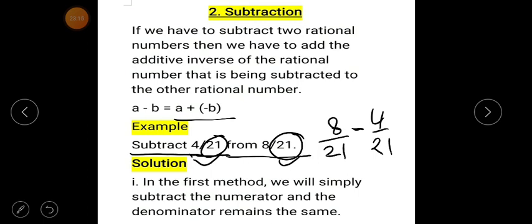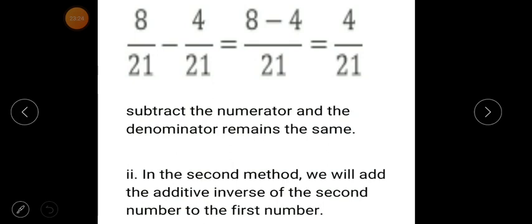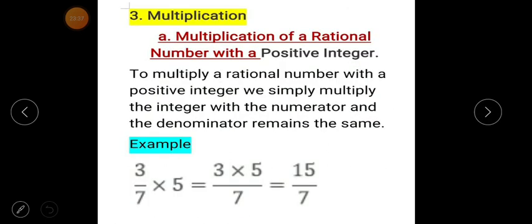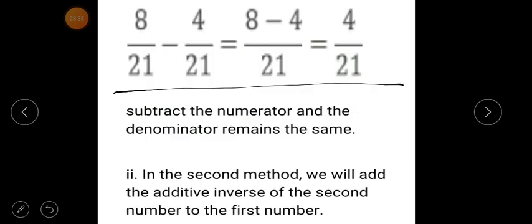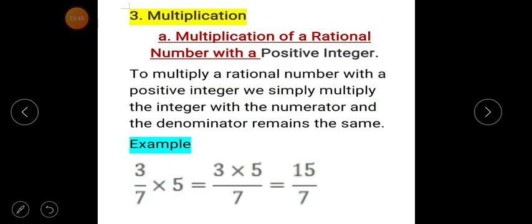When denominators are the same, we simply subtract the numerators and write down the answer, that is 4 upon 21. But if the denominators are not the same, then we have to take the LCM as we did in addition, and then solve them.